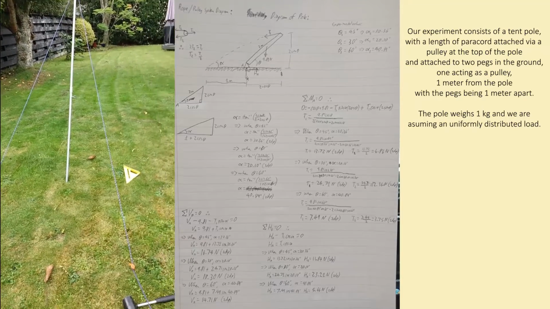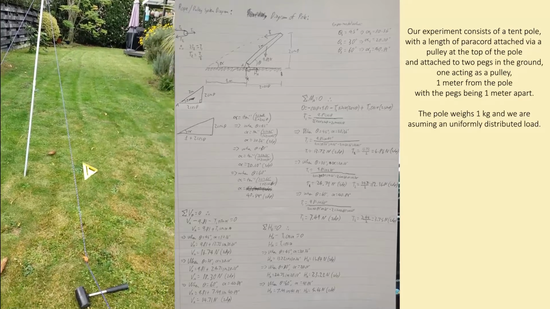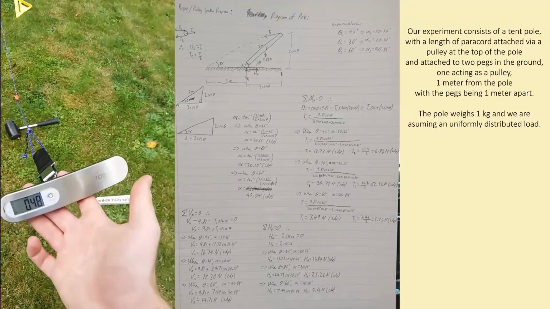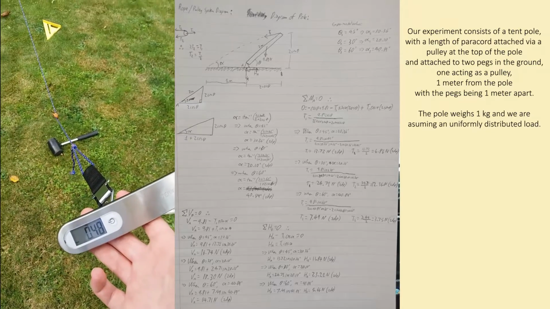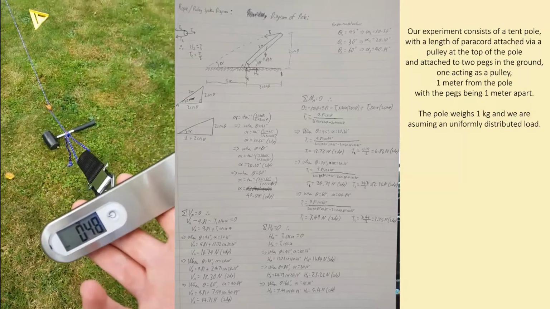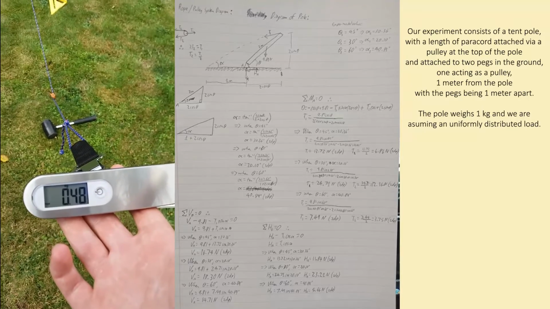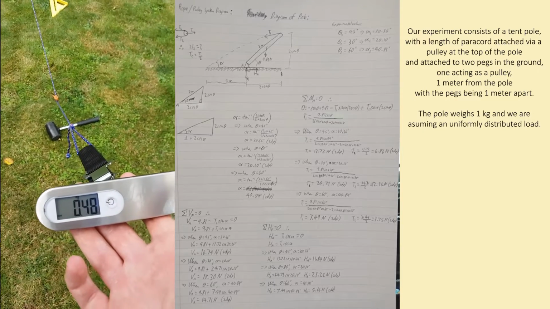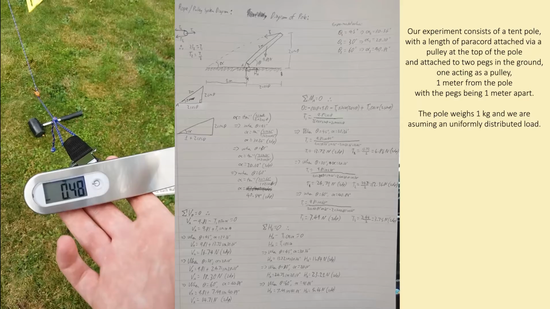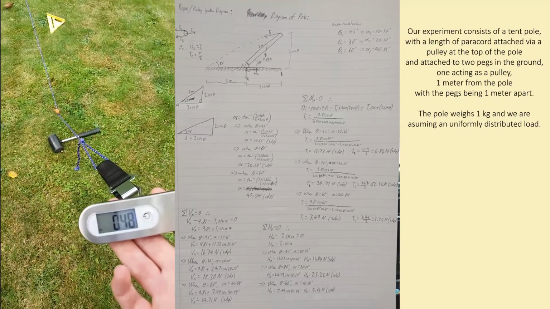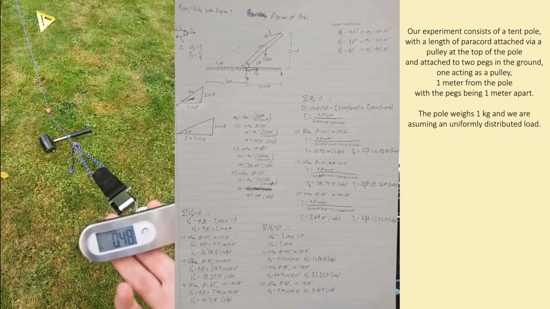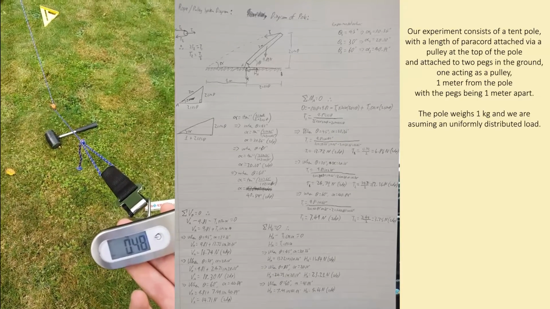It's a bit hard to see here, but what I have here is a bag weighing device which I have attached to the string to show us the tension force in the string, which this device shows us to be 0.48 kgs. Let's see how accurate this device really is.